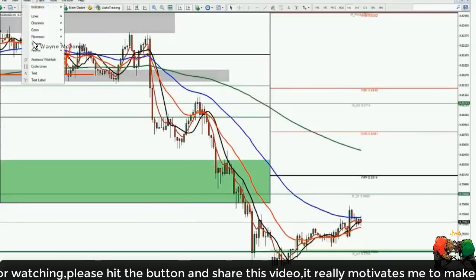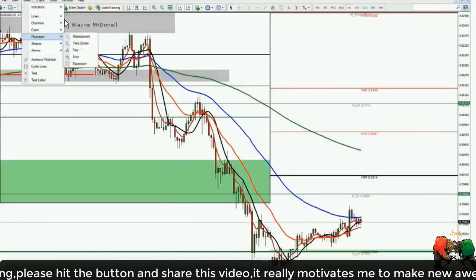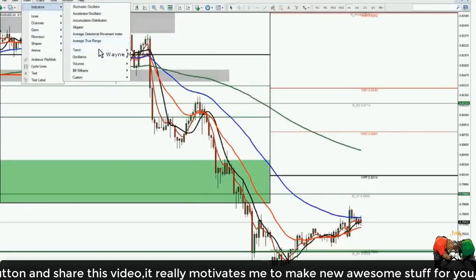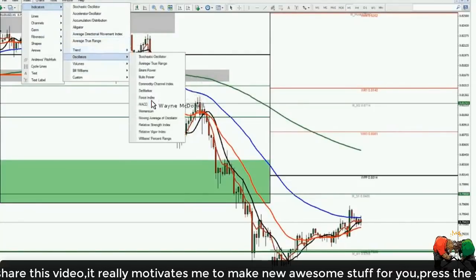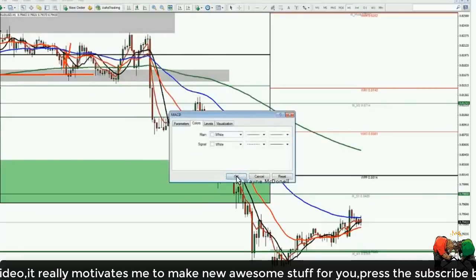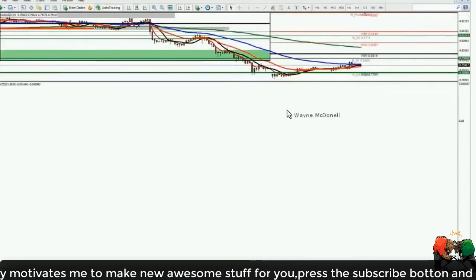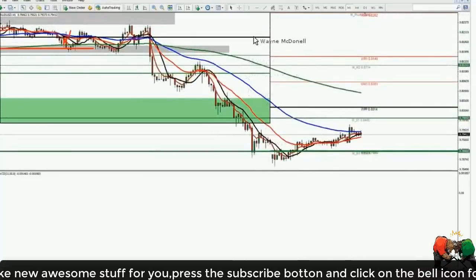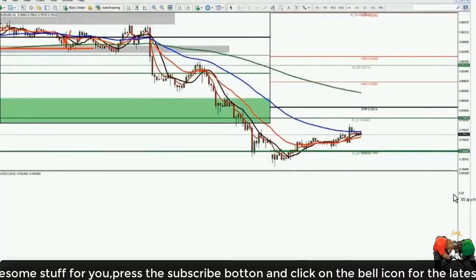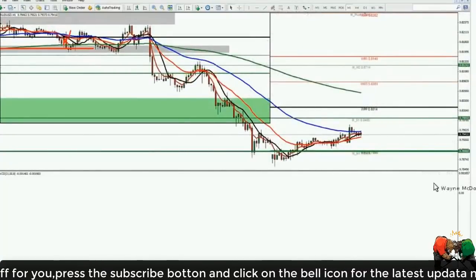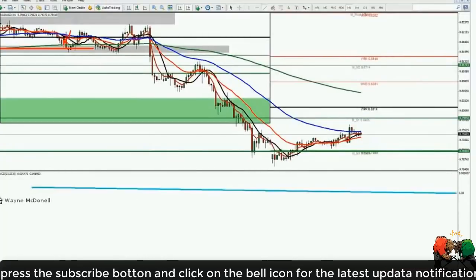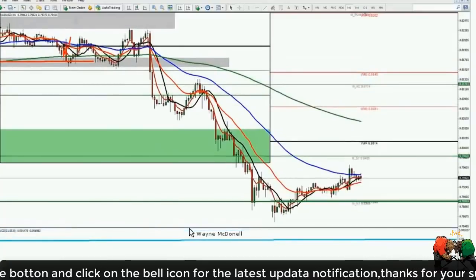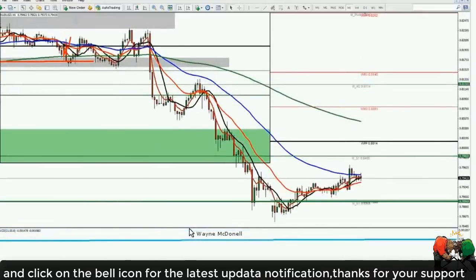Let's just get very quickly, insert indicators, oscillators, MACD. All right. Wait, boom. I should be able to give you this chart now. I can tell you this is the water line. And I should be able to say draw the MACD, and you should have no problems doing it.